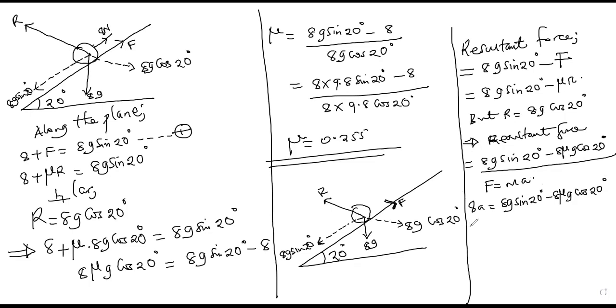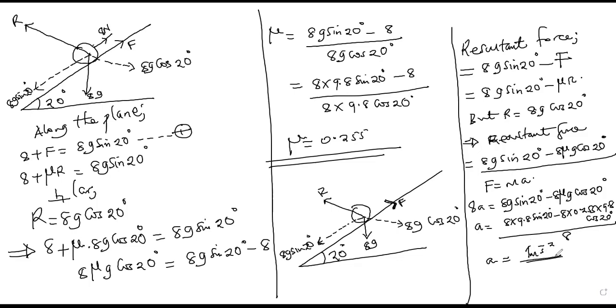We can get acceleration. So our acceleration is (8 times 9.8 sine 20 minus 8 times 0.255 times 9.8 cos 20 degrees) over 8. And this will give you your acceleration as 1 meter per second squared.